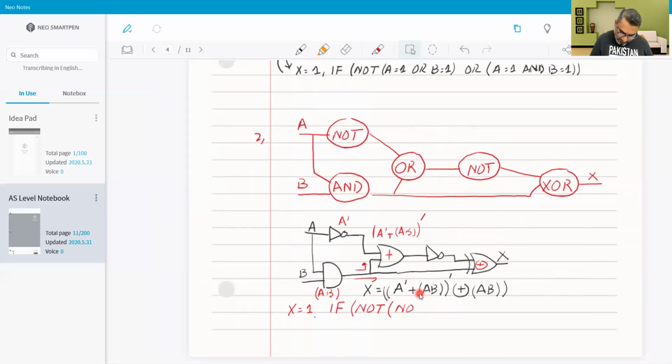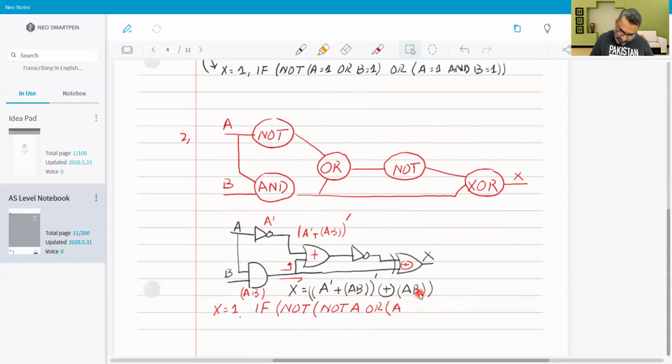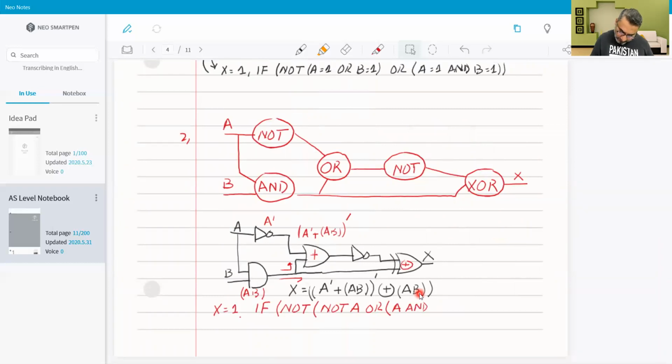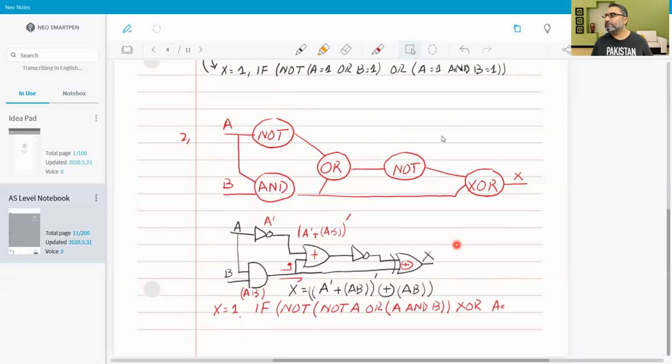We again have to write A naught or A and B exclusive or A and, hold on.